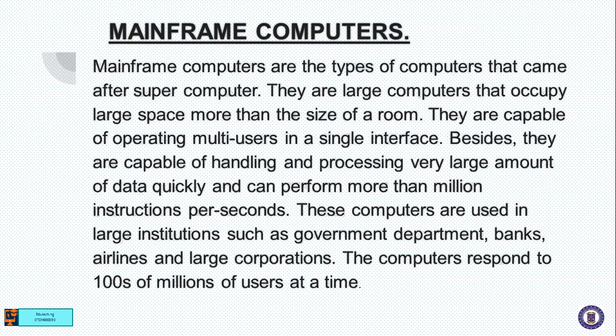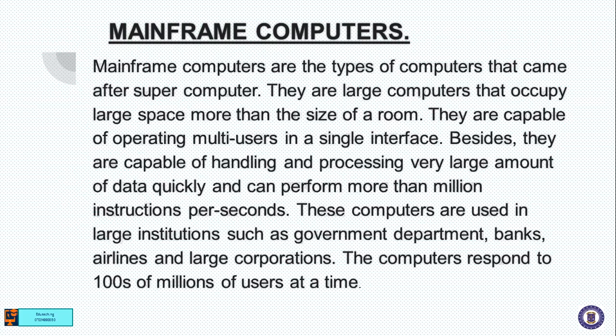But the supercomputer is expensive, so that an individual cannot afford it because of its price. And they're very large. So these computers are used in large institutions such as government departments, banks, airlines, and large corporations. The computer responds to hundreds of millions of users at the same time.